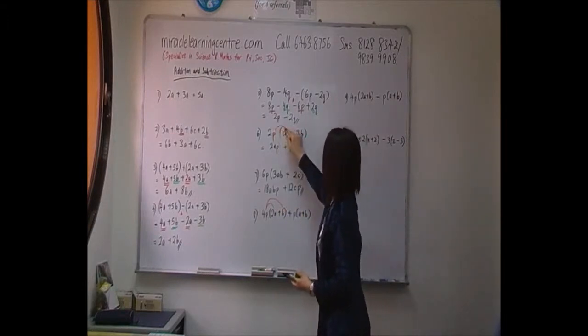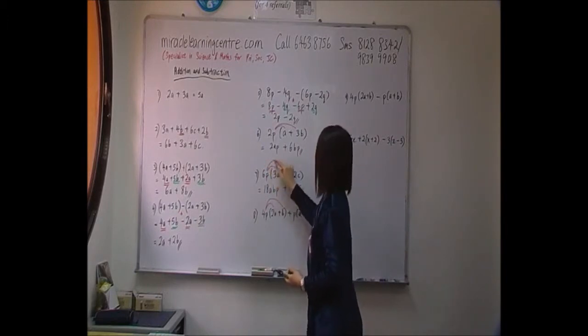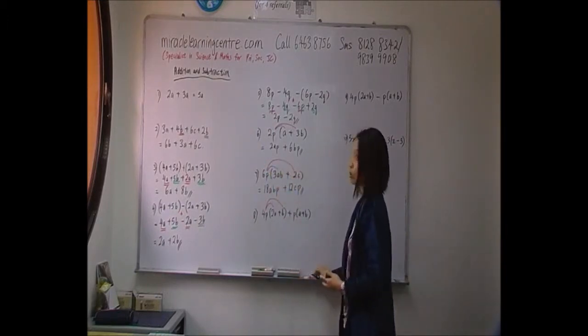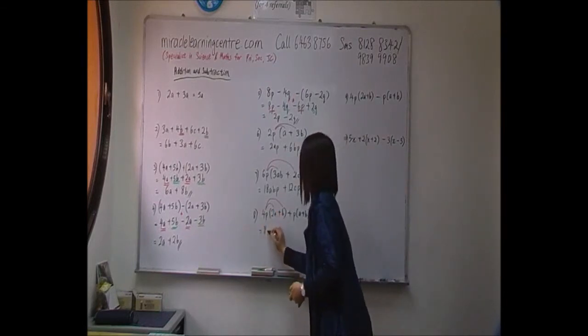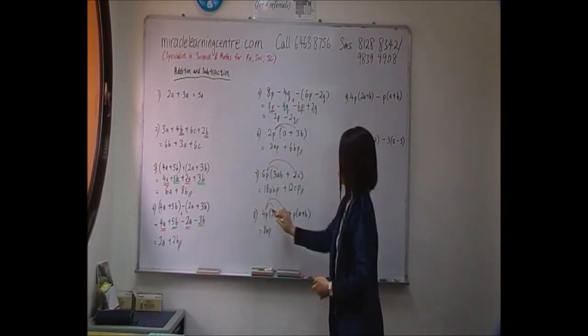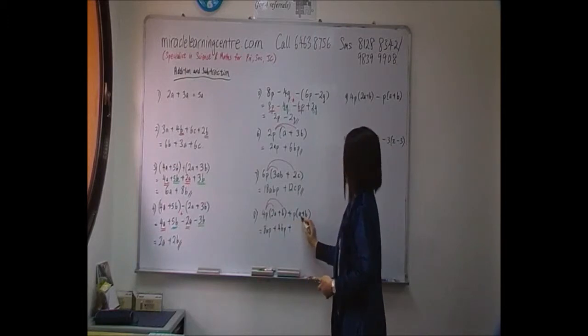If you only multiply by the first one and you didn't multiply by the second one, then it's not correct either. So 4 times 2, we have 8AP. 4B times P will be 4BP. Multiply them together to get rid of the brackets.